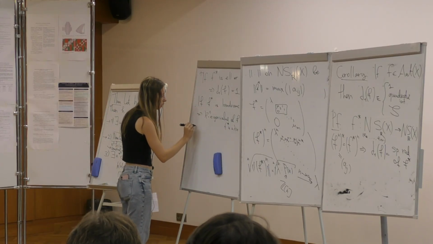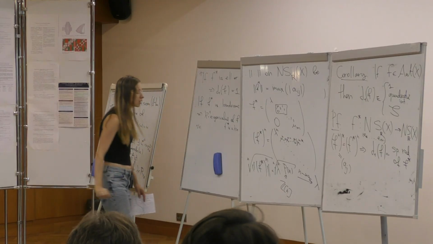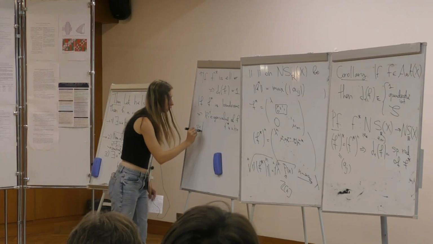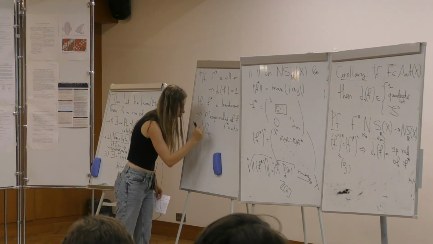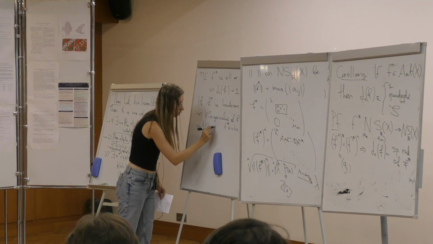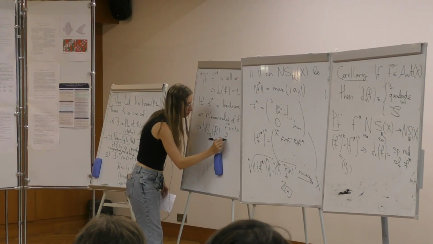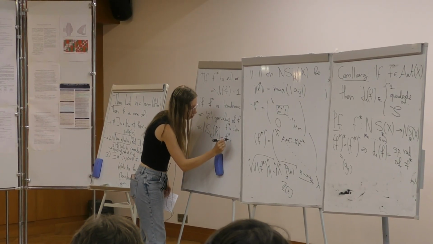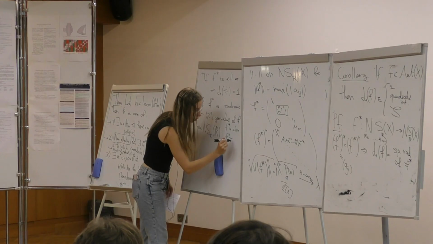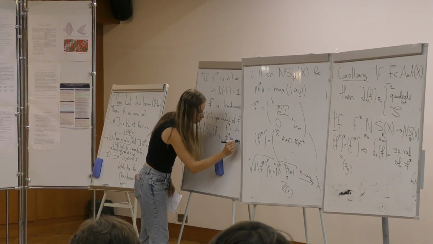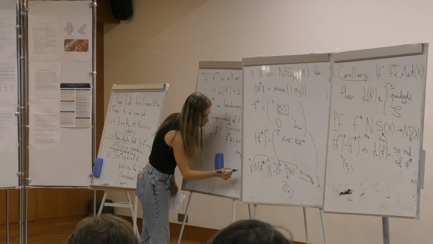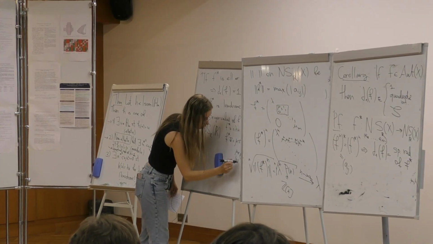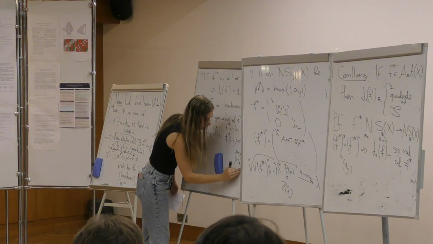Assume that v is some class inside the Néron-Severi group's complexification, such that pullback of v equals mu v, and mu is some complex number such that its absolute value does not equal 1.